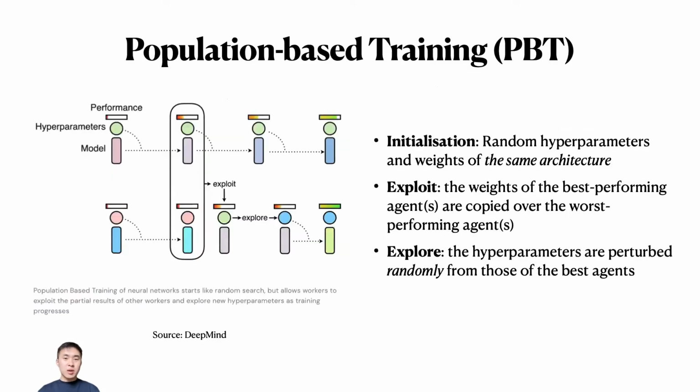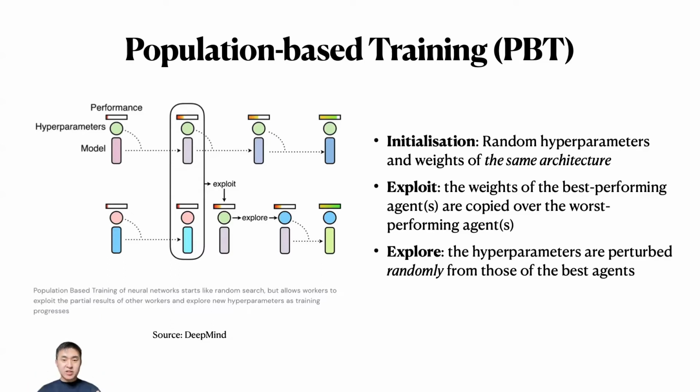Before I talk about BGPBT, I would like to spend a few minutes talking about the PBT paradigm. In the PBT paradigm, we often start multiple agents and train them in parallel. We initialize with random architecture, random hyperparameters and weights of the same architecture to fill the population. At a regular interval, we conduct an exploitation and exploration step.